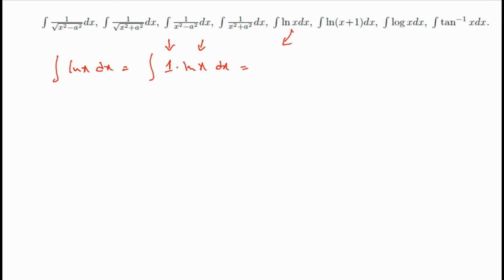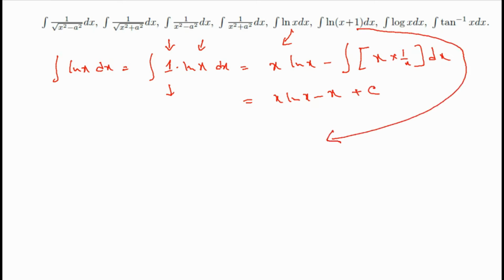So just x ln x minus integration, so this integration of 1 will be x and differentiation of ln x will be 1 by x. So dx, and ultimately you will get x ln x minus x plus c. Now for this one you can just use x plus 1 equal to z and proceed similar to the previous one.